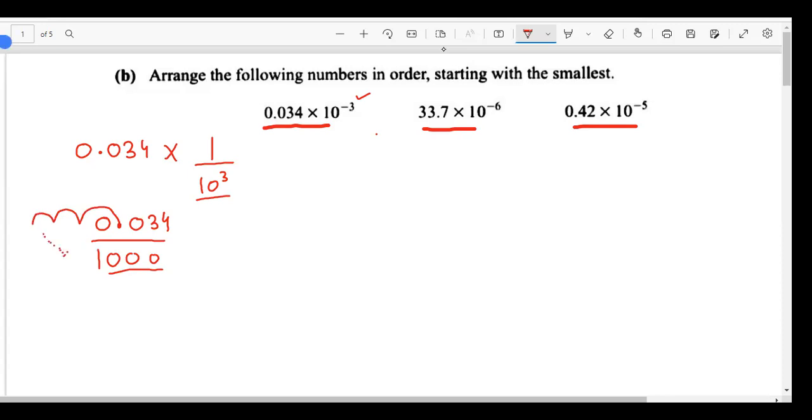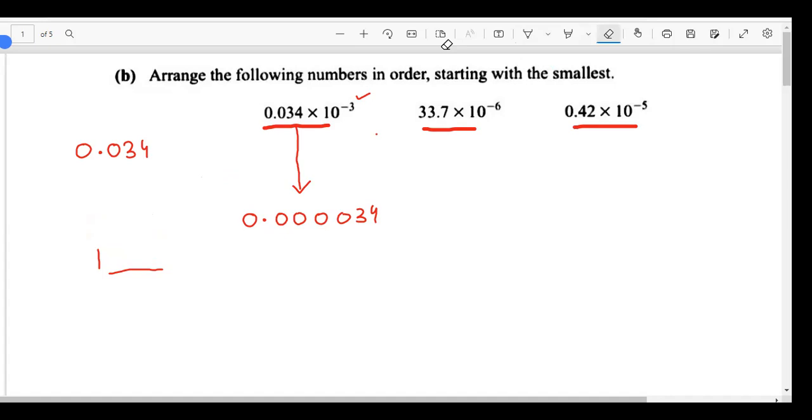So I can write it as 0.0000034, with a 0, another 0, and another 0. I can write this number this way; it would make more sense and I would be able to understand it easily.